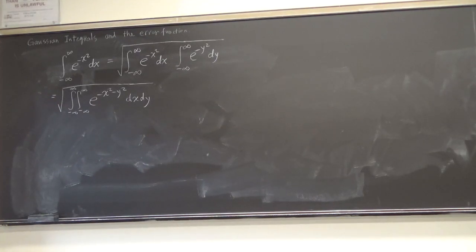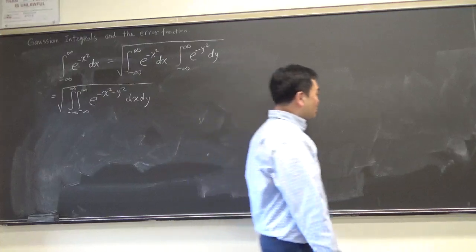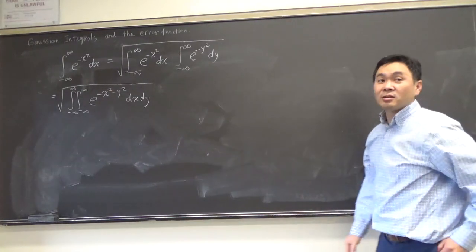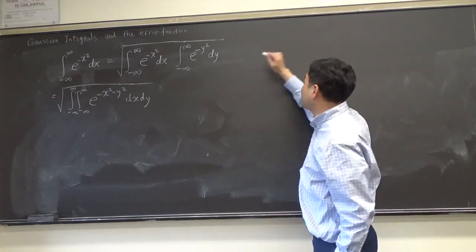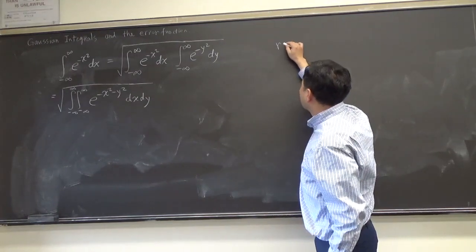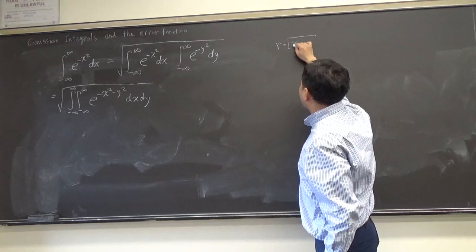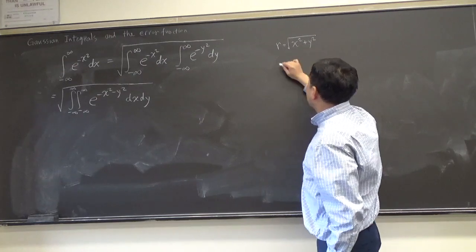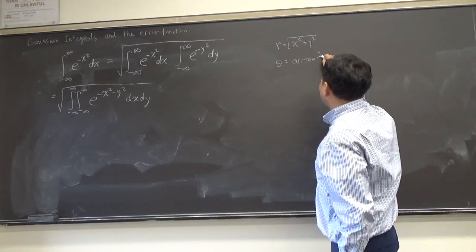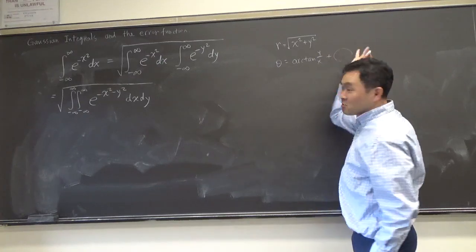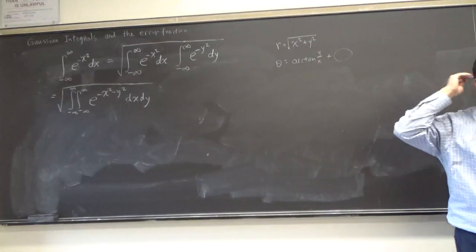Now comes something that you learned in multivariable calculus, the polar coordinate system, where r equals the square root of x squared plus y squared, and theta is the arctan of y over x, and then you might have something additional depending on which quadrant this is in.